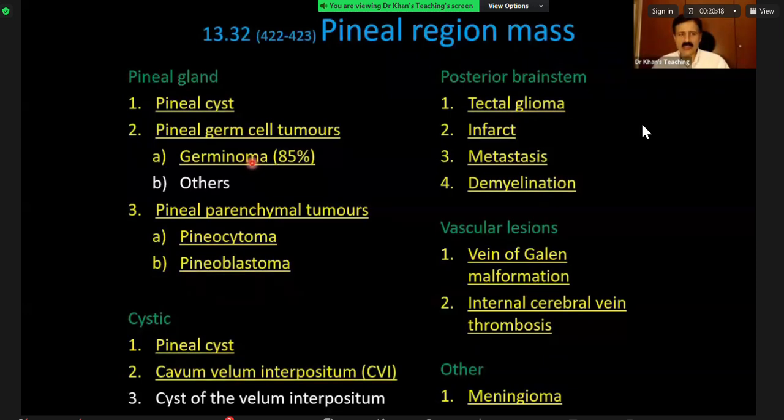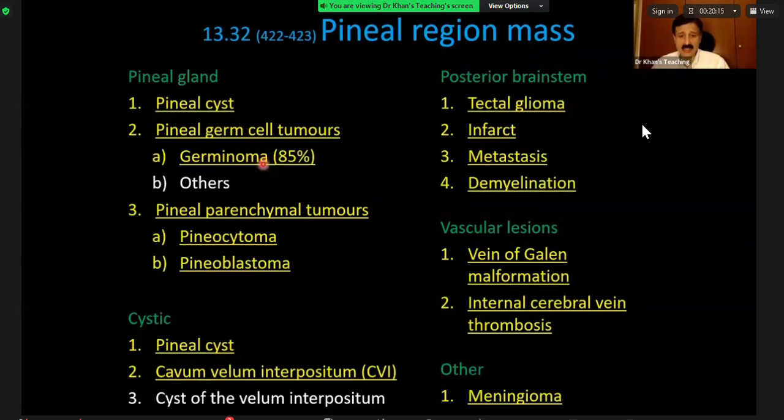You have to ask for assay evaluation within the CSF as well as blood. You have to ask for placental alkaline phosphatase. You can also ask for alpha fetoprotein and beta HCG. These tumors actually secrete them. And the key thing is, it's a viva question that you have to ask in the CSF as well as in the blood.